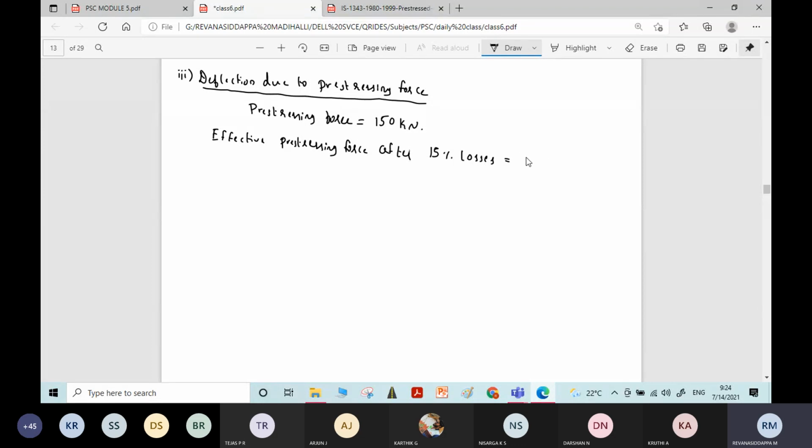So 15% loss means only 85% of the 150 kilonewtons, that is 0.85 into 150. How much you will get? 127.5 kilonewton. Yes, 127.5 kilonewton.